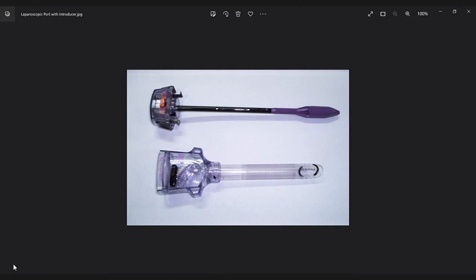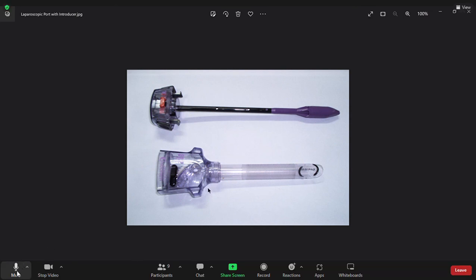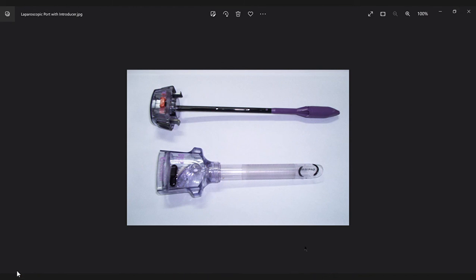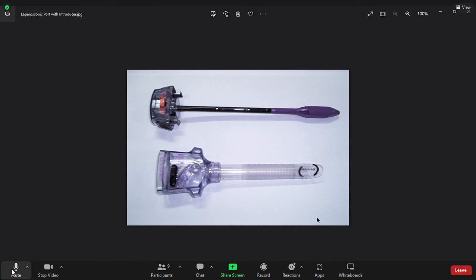You guys were at the lap chole on Wednesday? How many port sites do we need? Four port sites. Where were those port sites placed? First one: umbilicus.